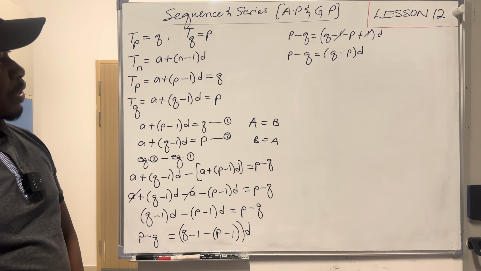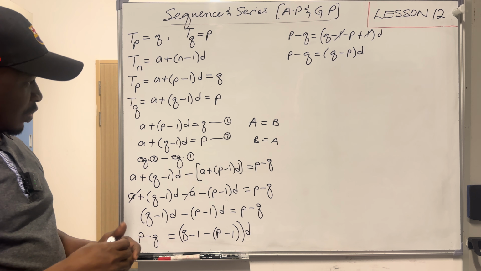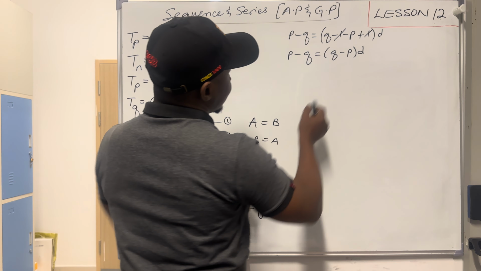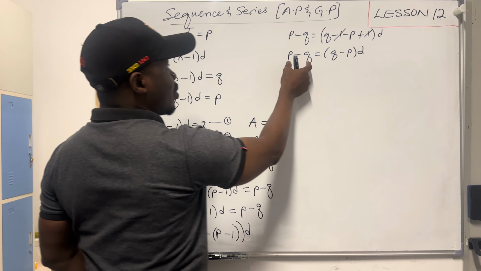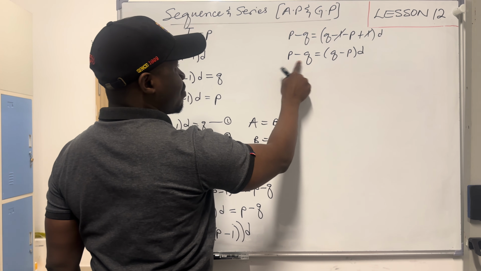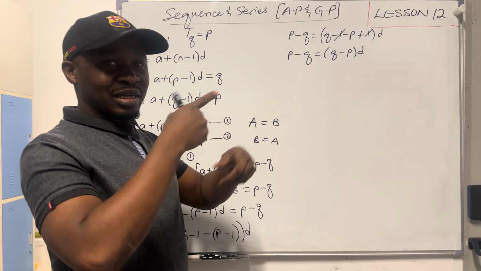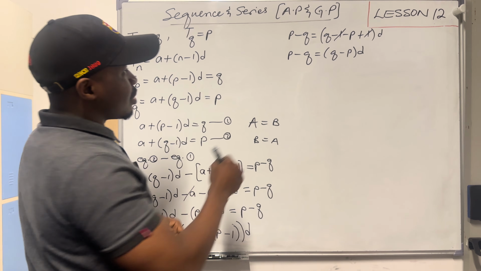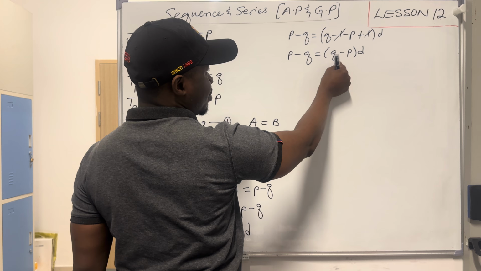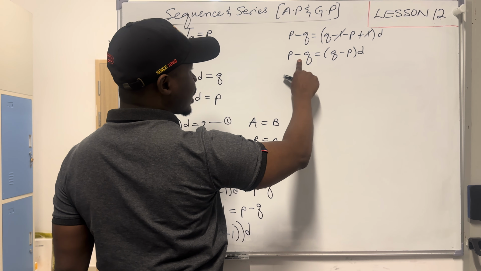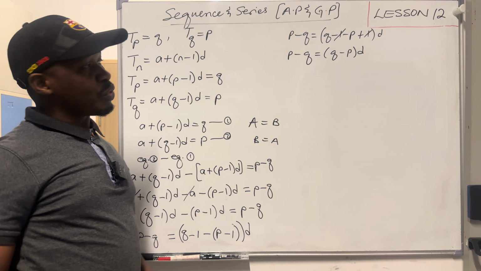Okay, so with this one, what happens? They look alike, you can see: P minus Q, Q minus P. Only that the letters are in the opposite. They are not exactly the same, mind you, because P is positive, P is negative, Q negative, Q positive. So what do we do here?